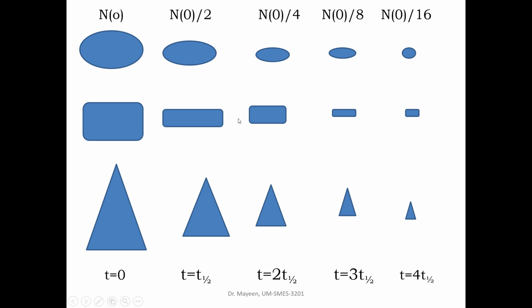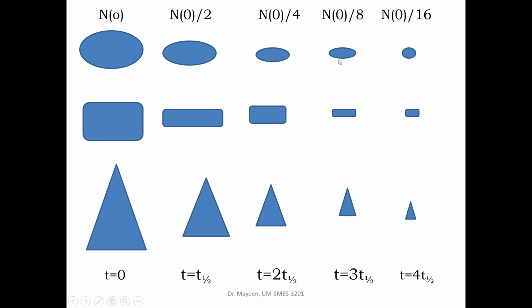After the second half-life, the quantity that remains will be equal to 1/4 of the initial quantity. Similarly, after 3 half-lives, we will have 1/8 of the initial substance.